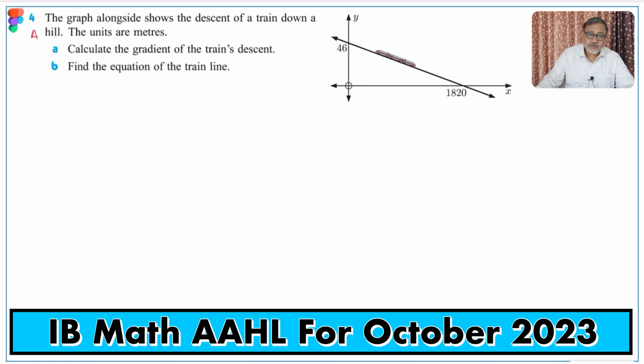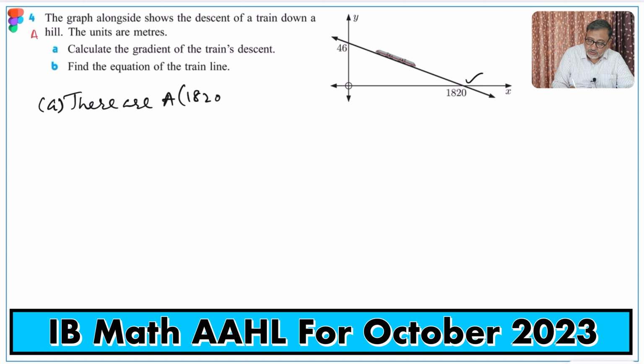So what are we going to do for that? We will find the gradient from the given 2 points. Look here, this point is A, 1820 comma 0, this is point A, and this is point B, 0 comma 46, 2 points.